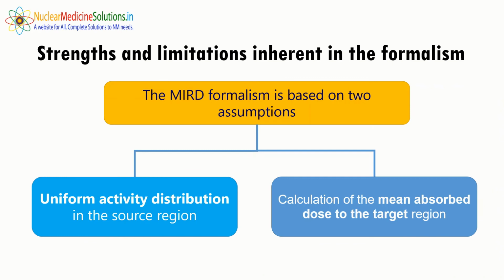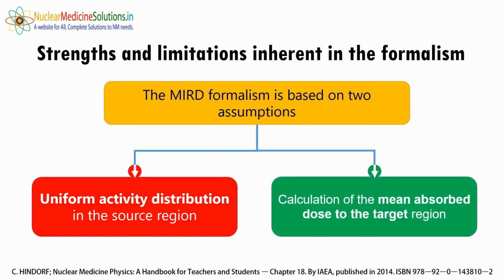So what are the strengths and limitations inherent in the formalism? To understand the strengths and limitations, we need to understand the basic assumptions of the MIRD formalism, and there are two assumptions. The first assumption of MIRD is that the activity distribution is uniform in the source region, and the second assumption is that it is calculated for mean absorbed dose to the target region.